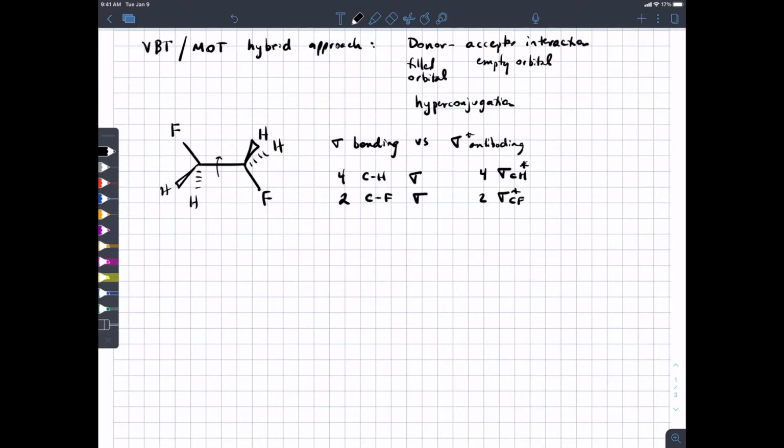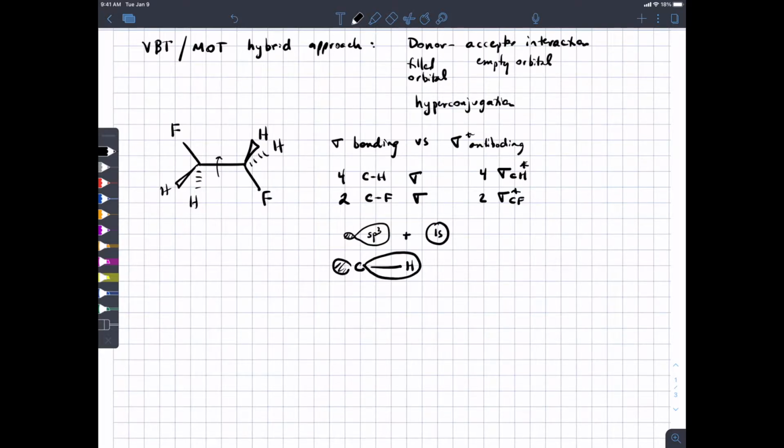Just for the sake of our discussion, if we're thinking about a carbon-hydrogen bonding orbital, that would presumably come from an sp3 type orbital on carbon overlapping with a 1s orbital from hydrogen. And if this is carbon and this is the hydrogen, that orbital is going to look something like this.